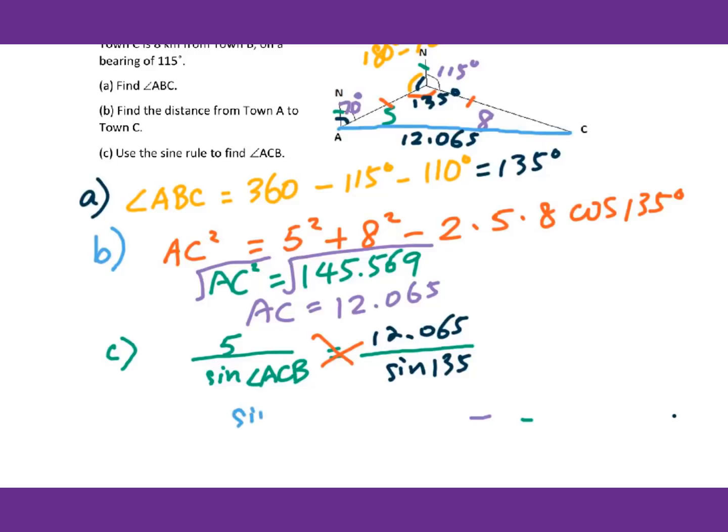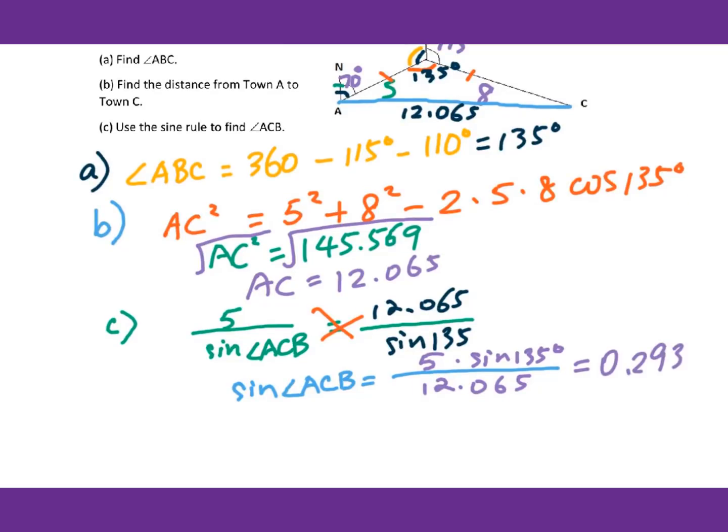We got sine angle ACB equals, denominator will be 12.065, numerator 5 times sine 135 degrees. Put into calculator, we got 0.293 for sine angle ACB. Therefore, angle ACB equals inverse sine of 0.293.